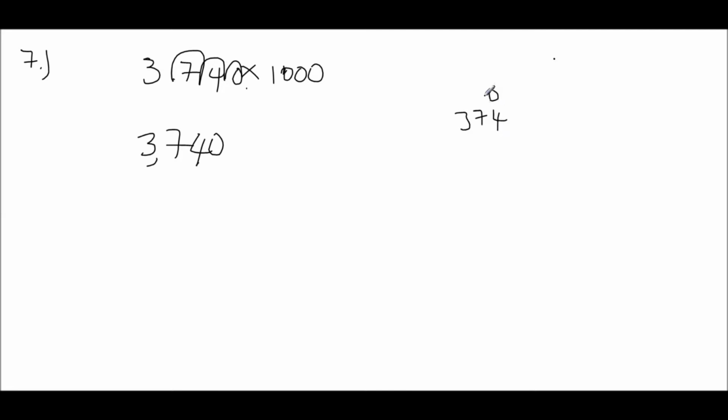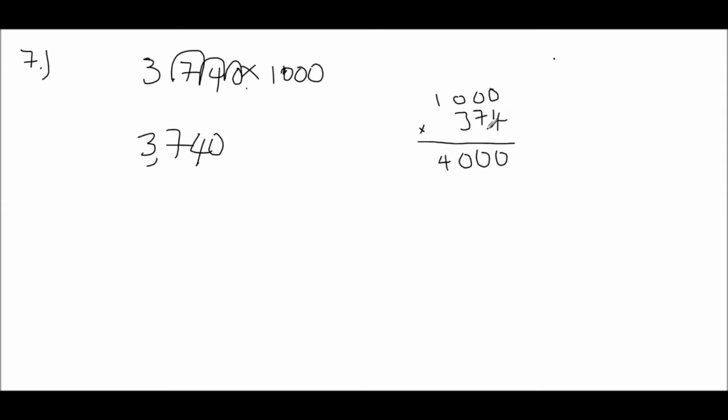And we multiply by 1,000. And we should end up with the same answer. So let's see. 4 times 0 would give us 0. 4 times 0 is 0. 4 times 0 is 0. And 4 times 1 would be 4.